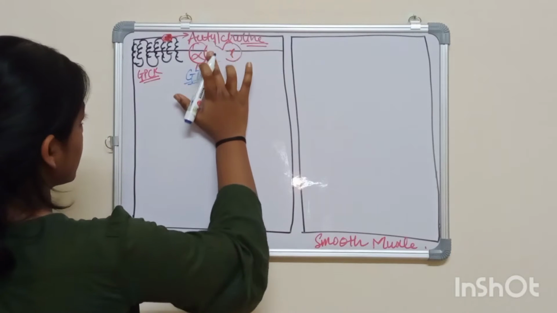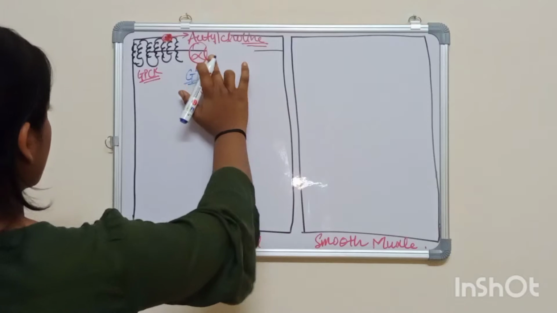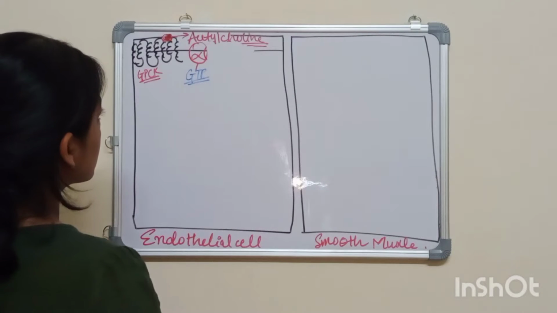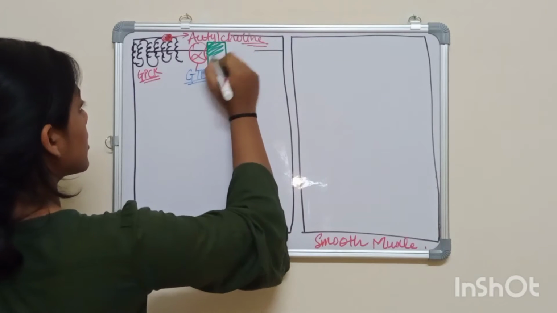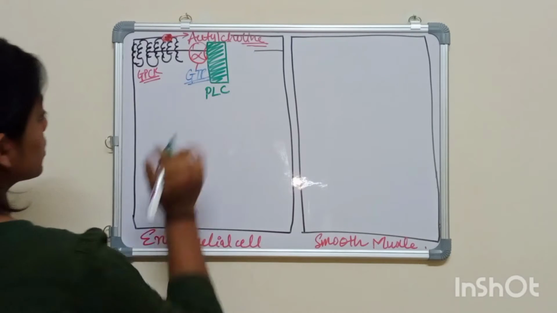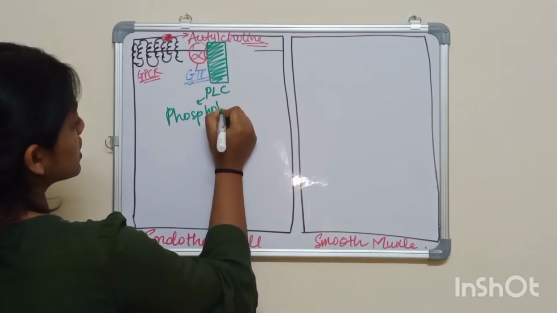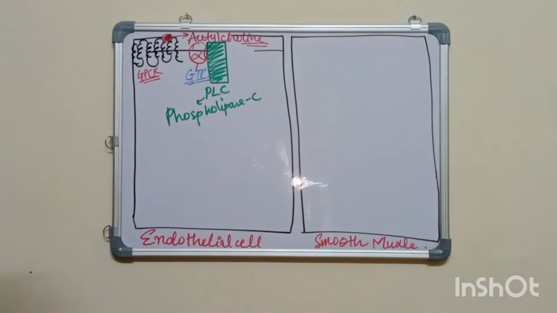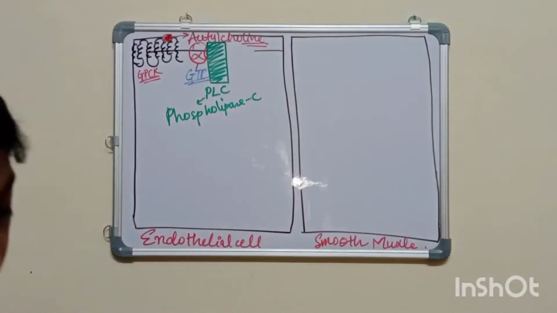This alpha subunit will dissociate from the gamma and beta subunits, and it will come and bind to PLC, that is phospholipase C. Once it binds, the PLC gets activated.